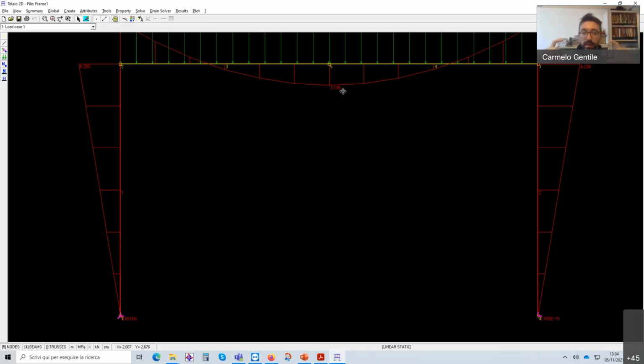In this case, the structure is changing. The beam is more flexible now, and so the deformation of the columns comes into play. So we have a more important transfer of internal forces from the beam to the columns.